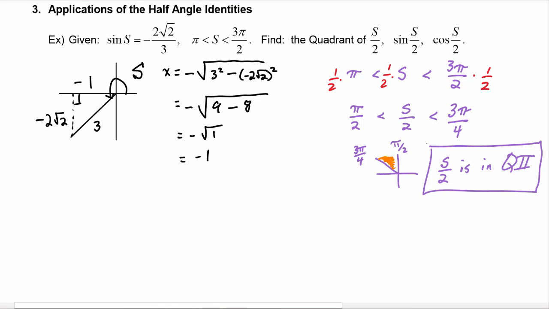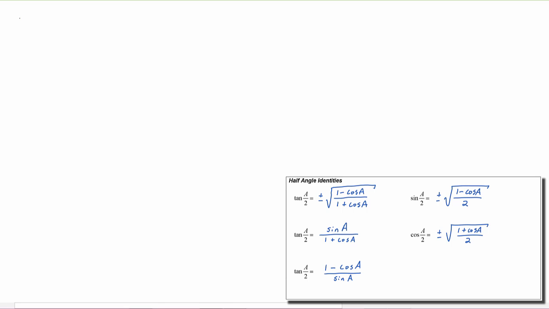Next, we have to find the sine of S over 2 and the cosine of S over 2. In each case, we will start from the identity. The half-angle identity for sine of S over 2 is equal to plus or minus the square root of 1 minus the cosine of S divided by 2.